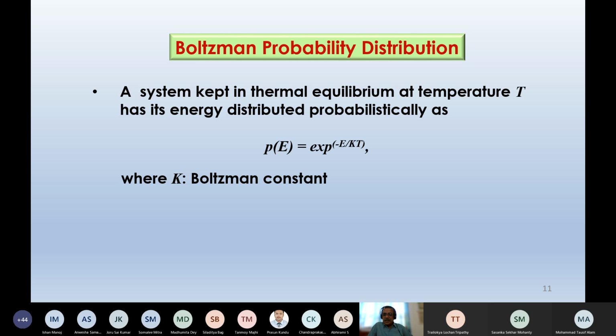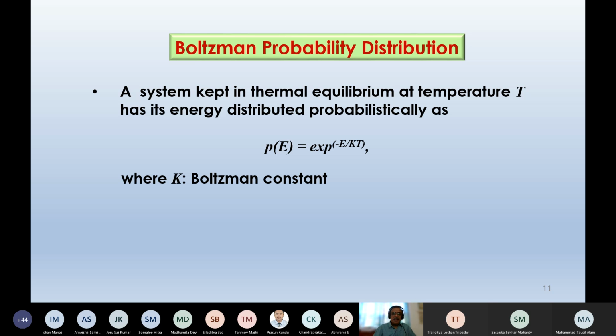on thermodynamics. Now, according to the Boltzmann probability distribution, a system kept in thermal equilibrium at temperature T has its energy distributed probabilistically as P(E), that is the probability of energy distribution, is exponential minus E divided by KT.